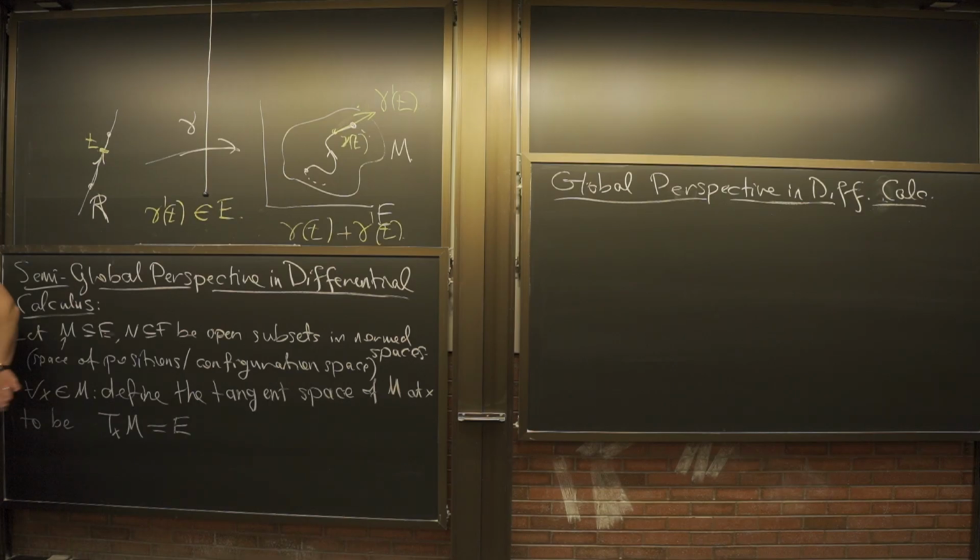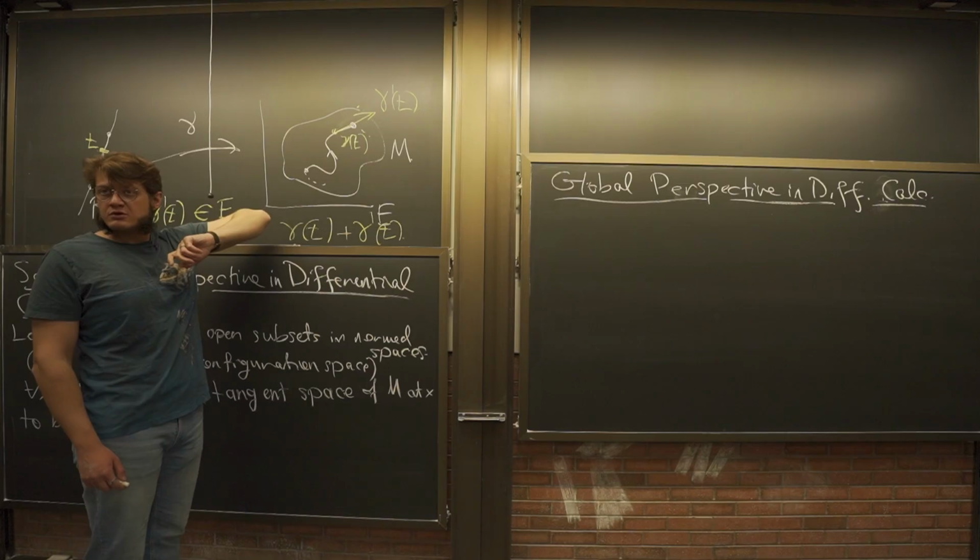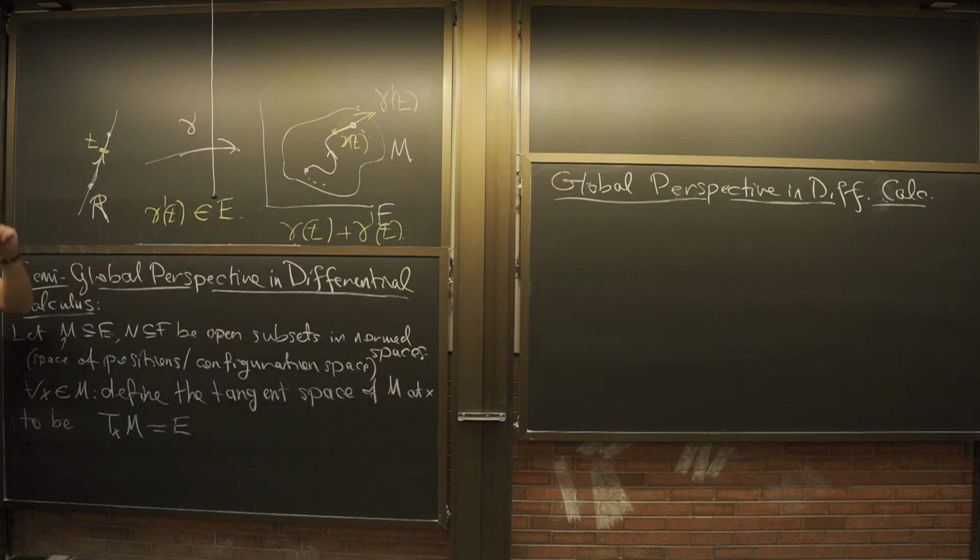Imagine now, that is to say, that you don't know that M is a subset in E, but you can do calculus. That means that you can, again, take curves in M that pass through one point. If you can talk about differentiable curves in M, that means you can talk about their derivatives. And so you can define T_x M to be the velocities of all curves passing through x.